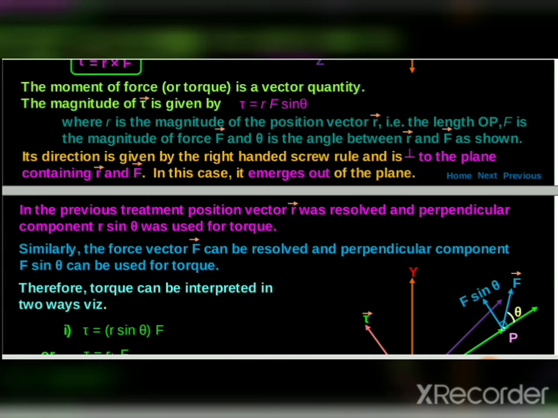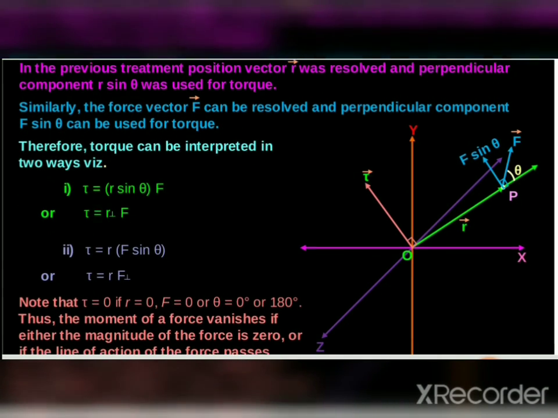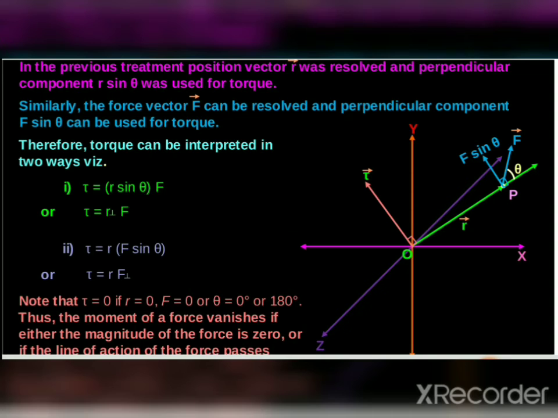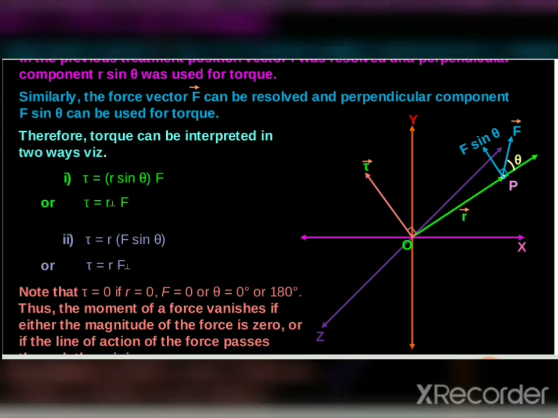now same thing here, you can write your torque is equal to r sine theta times F. When it is exactly at 90 degrees, so r perpendicular F, or r parallel, you can write r parallel F. Suppose your F is perpendicular, so you will write r F perpendicular.